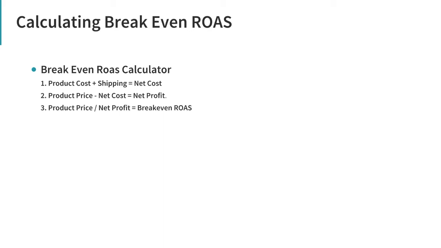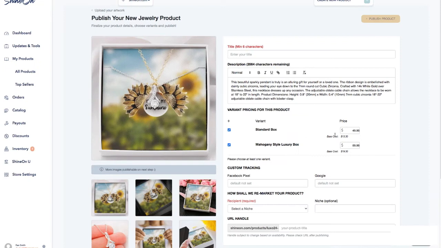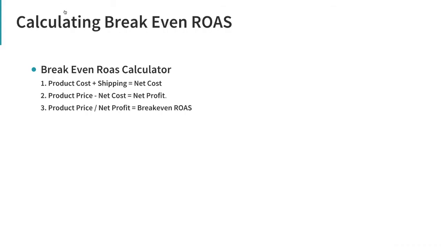First, you need your net cost, which is product cost and shipping. So say here, the base cost of this standard love knot necklace box is $13.30. And then if you were shipping this to the US, you would have to add on $5.17, I believe it was.